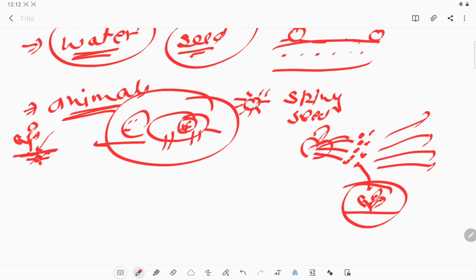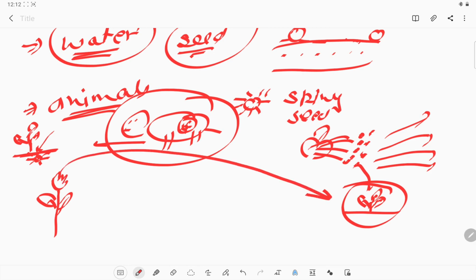The process where a normal plant is growing and producing a flower, which is the reproductive part, and from there they get a new plant, is known as sexual reproduction. If we get the new plant from a vegetative part, which is a leaf, stem or root, it is known as asexual reproduction, which is vegetative propagation.